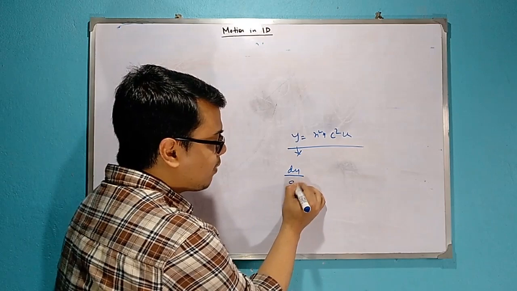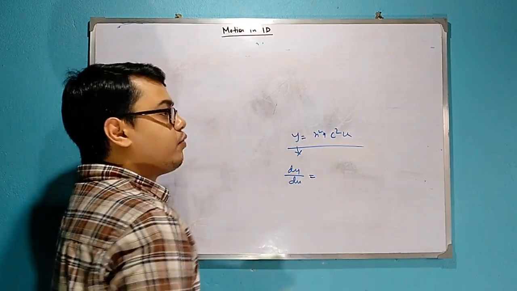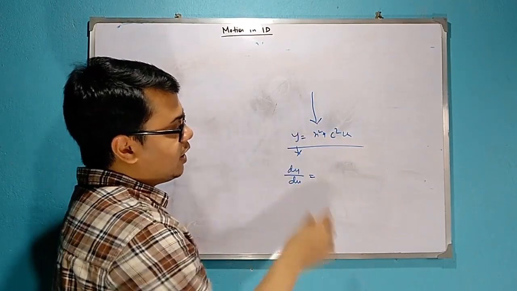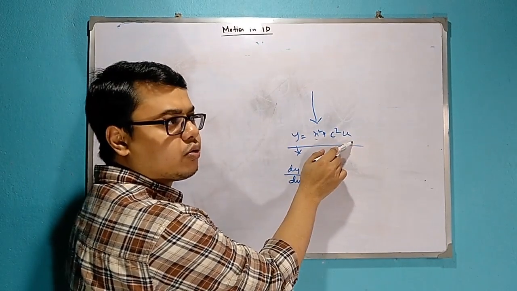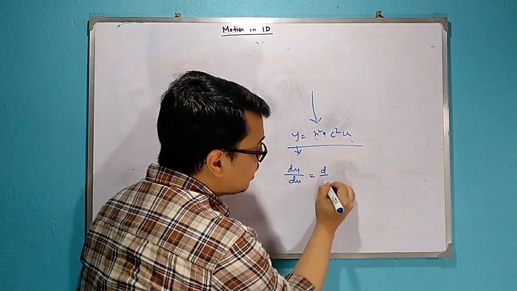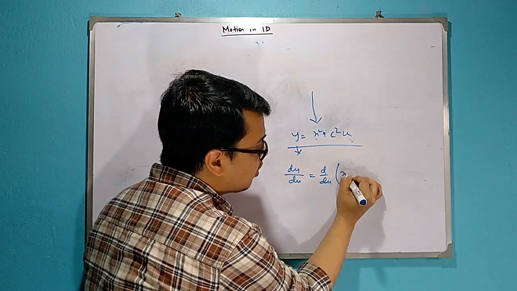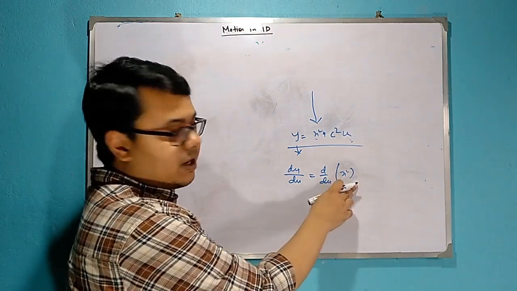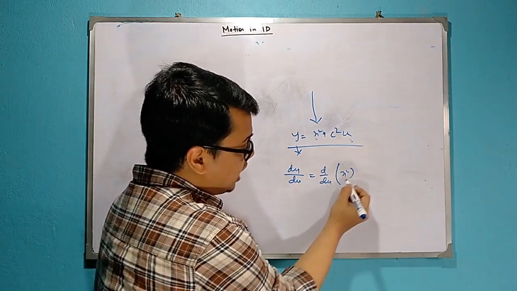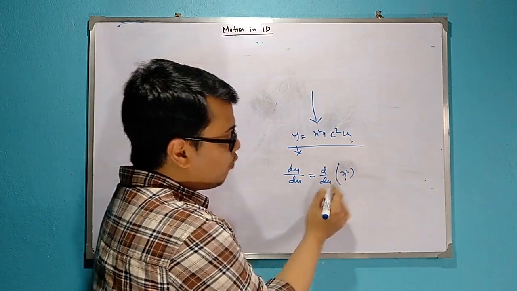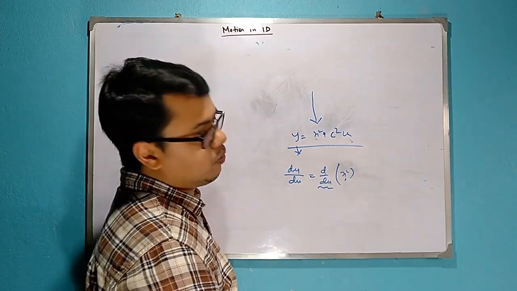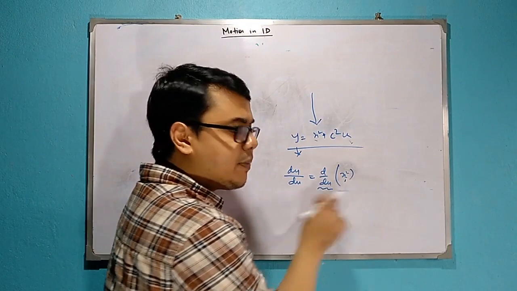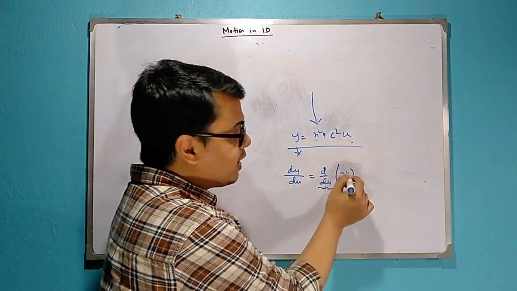So it will be dy by du. Given that x doesn't depend upon u, so what does this read in language? It is the change of this function for a small change of u. So x doesn't depend upon u. So d du of x square will be what?